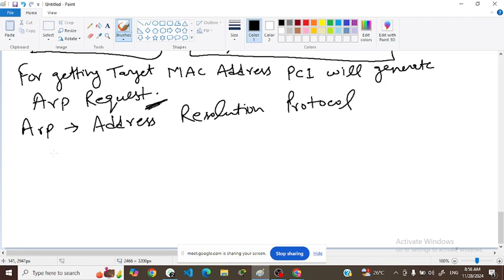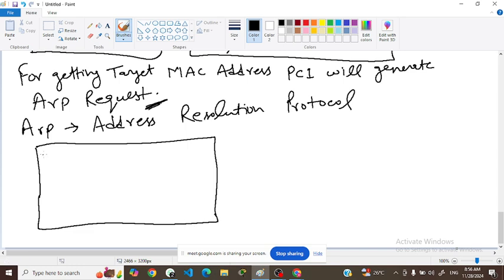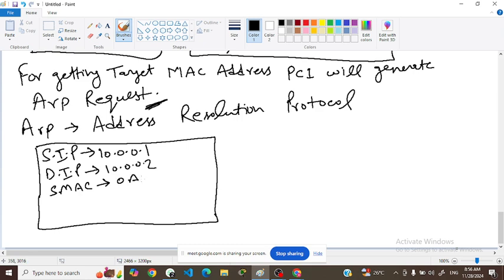Is it clear? So when PC1 generates the ARP request, what will be the source IP address? 10.0.0.1. Destination IP address? 10.0.0.2. Source MAC? 0A. But in the ARP request, it doesn't know the destination MAC address.